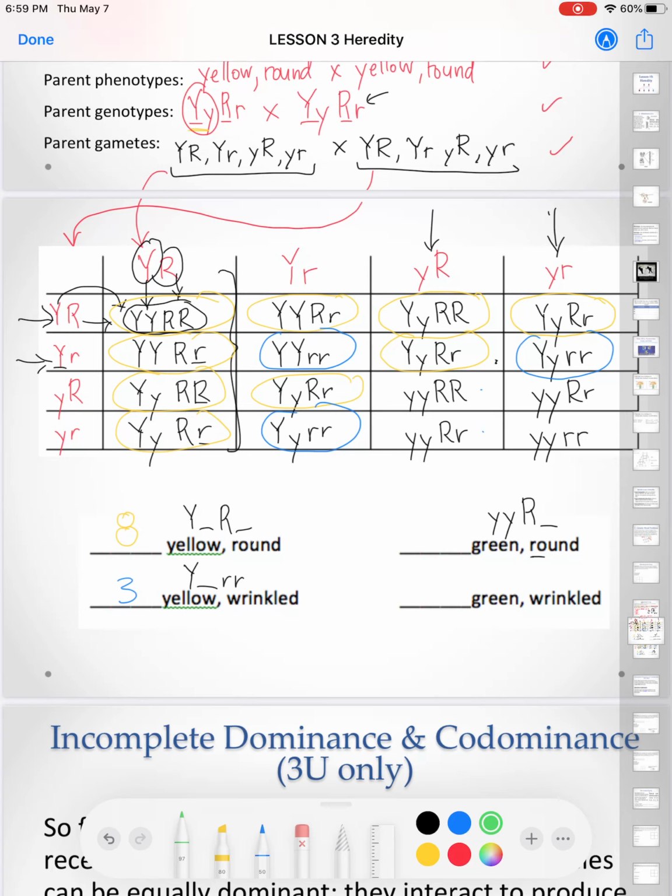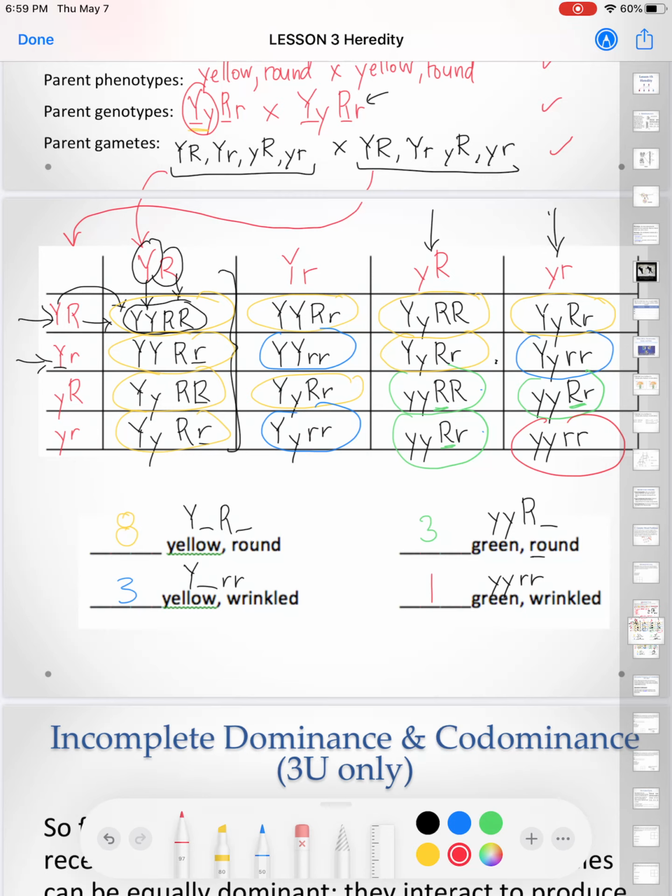So out of the 4 remaining, we see that we have 3 that are green with 2 small Y's and round with at least one large R. So that's 3. And look at the last little guy here. Last little guy is the only option that is both green and round. Okay, so that's our last option with 1.